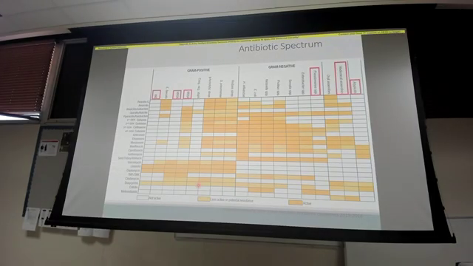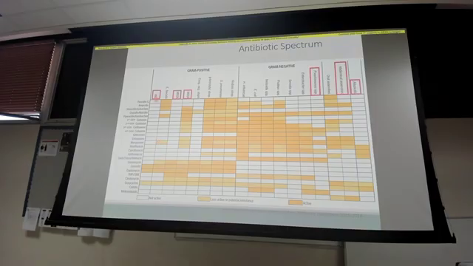This is another spectrum chart that is good for you to hang on to and see. I just want you to focus on the ones that are in the red boxes, not the MSSA, because there's lots of different drugs that are covered by MSSA. But when you're talking about your vancomycin-resistant enterococcus, your MRSA, your methicillin-resistant, Pseudomonas, those are bugs that are very hard for us to treat, and we do see them.